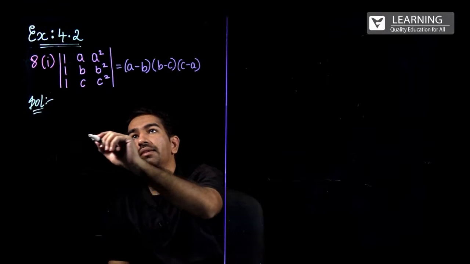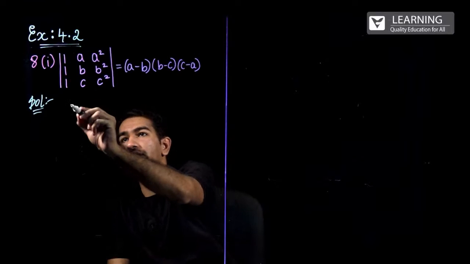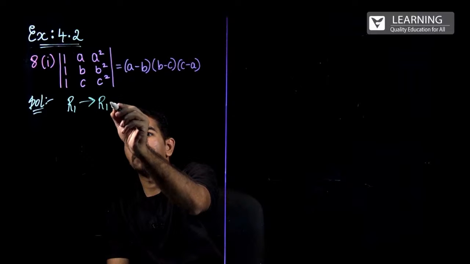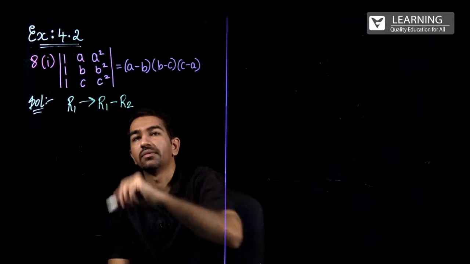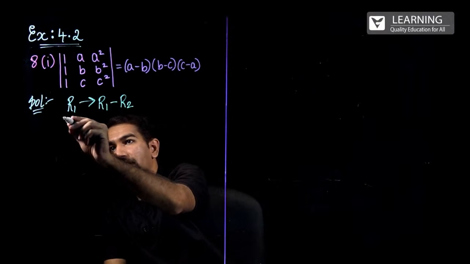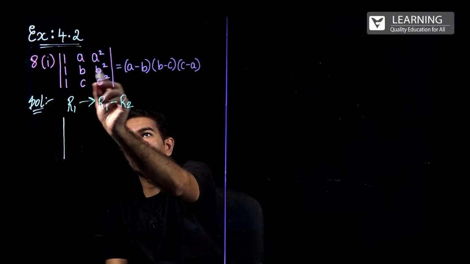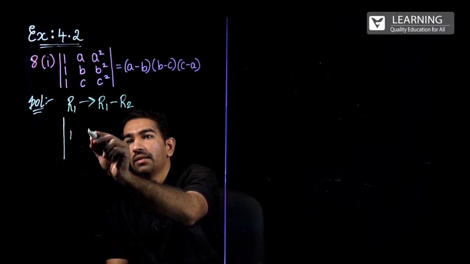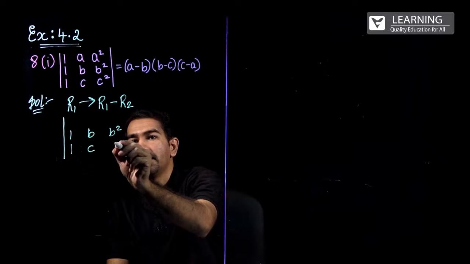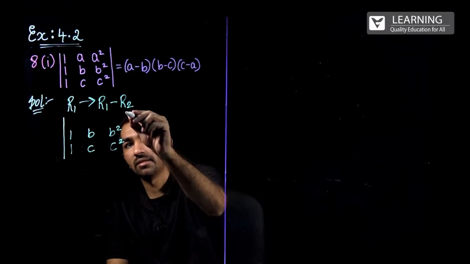So the very first row transformation operation what we are doing is we will take R1 minus R2. What happens if you do like this? R1 minus R2. So R2 and R3 you write it as it is, 1, b, b square and 1, c, c square.